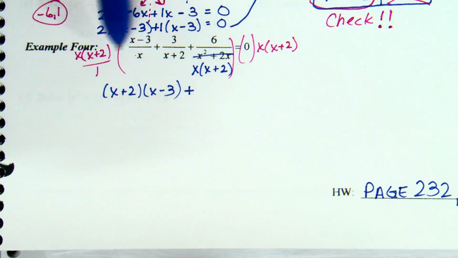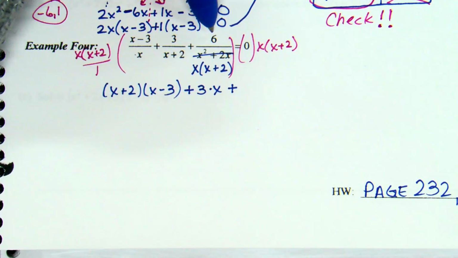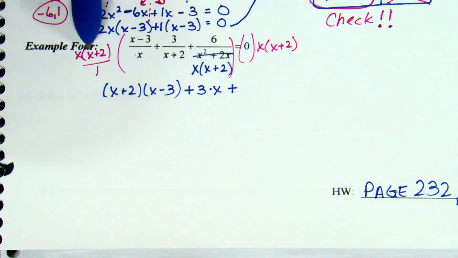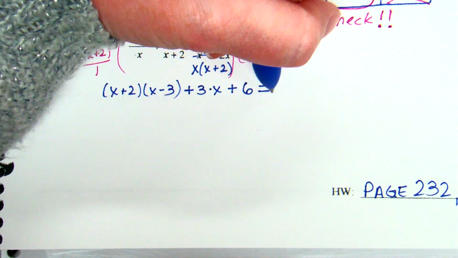What remains? 3 times x. Okay, plus last fraction. What cancels? X and x plus 2 both cancel. What remains? The 6 that's on top, so plus 6. Equals on the right. What's 0 times anything? 0. Okay, good news is it all already equals 0.